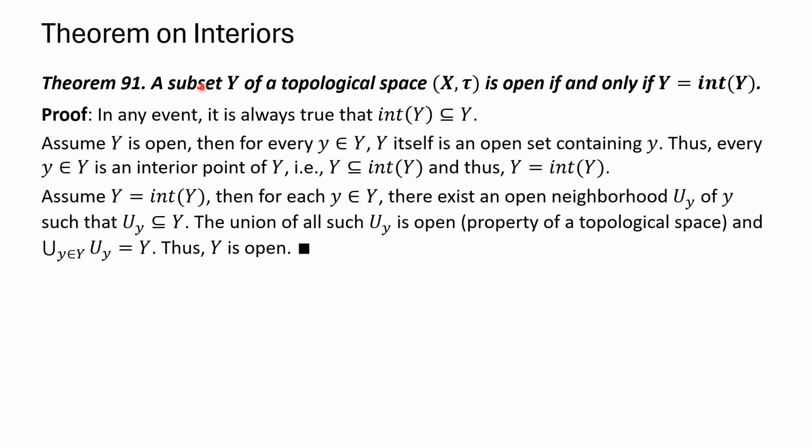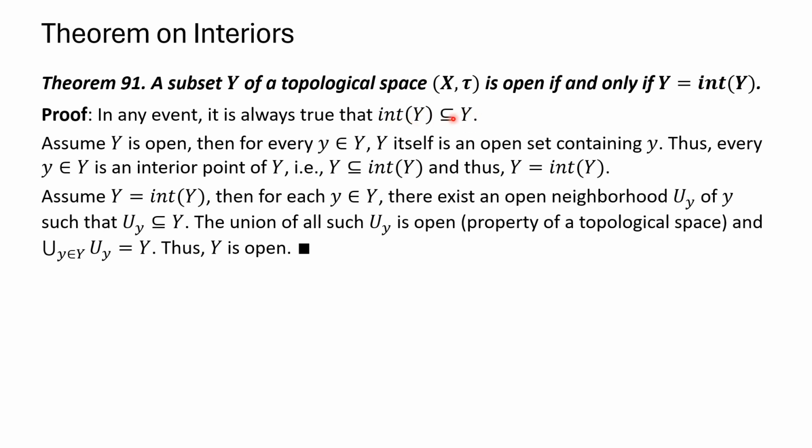This theorem should look familiar from metric spaces. A subset Y of a topological space is open if and only if the subset Y equals its interior. As we mentioned on the previous slide, we always have that the interior of a subset of a topological space is a subset of the set itself.